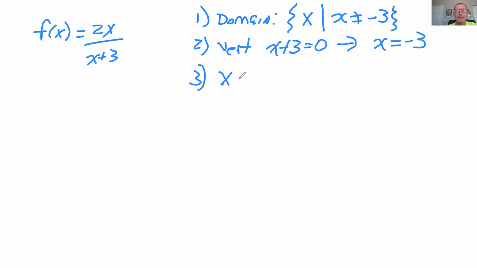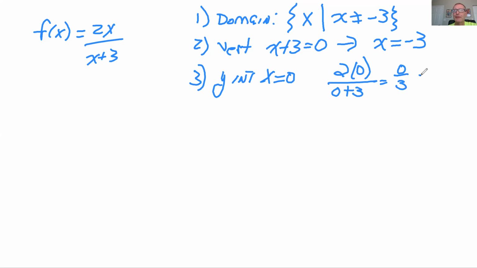So what's the x-intercept? Let's do the y-intercept first. That one's always the easier one. So that's when x equals 0. So you plug in, you get 2 times 0 over 0 plus 3, and so that would be 0 over 3, and so that would be 0. So actually it's at the origin, right? So look what happens. The y-intercept and the x-intercept are the same.